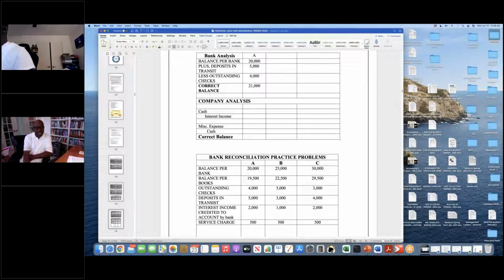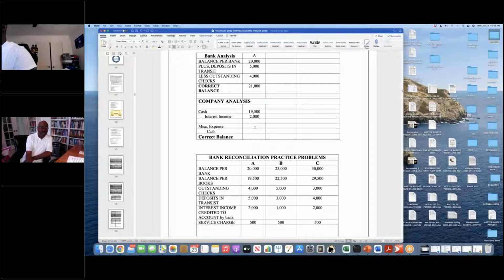Now let's look at the company analysis. The balance per the books was 19,500. That comes here. We don't have the interest income, so the interest income credited by the bank was 2,000. We're going to add that 2,000.